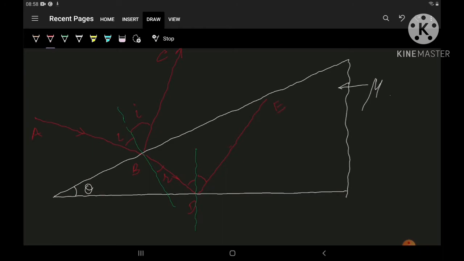Now when this DE light is incident on the upper surface, then it will again be refracted from the upper surface also. Suppose this is the normal and it gets refracted to the same media. Here suppose the refracted light is EF.